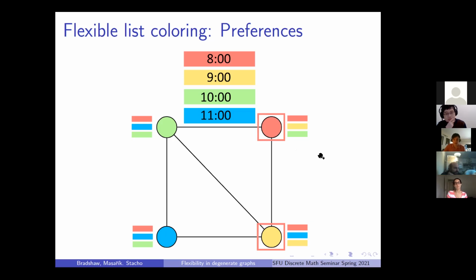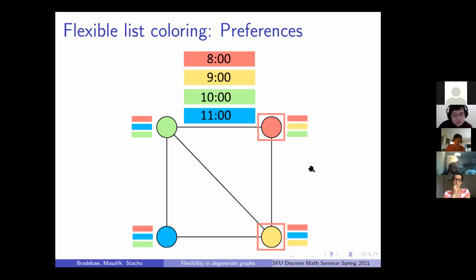In the flexible list coloring problem, we consider graphs like this one with color lists like the ones shown here, and also with coloring preferences like the preferences shown here. What we try to do is find a proper list coloring on the graph that satisfies a positive fraction of all of the coloring preferences. I purposely chose an example of a set of preferences that cannot all be satisfied at the same time.